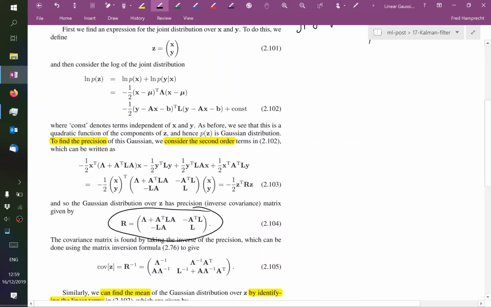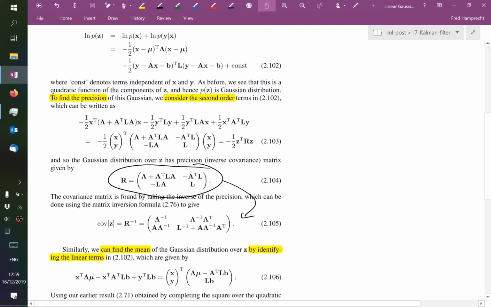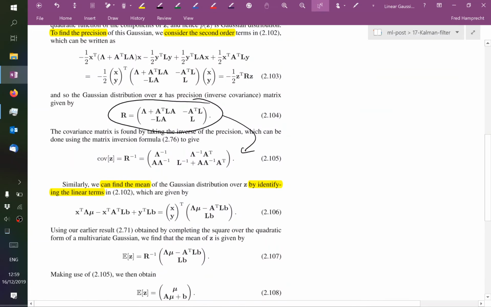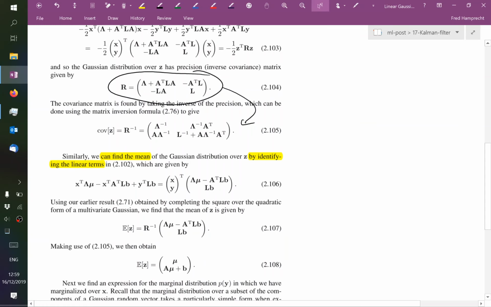But we don't need the precision, we need the covariance. And to go from here to there, you invoke the matrix inversion lemma. A few terms cancel very nicely, and you find this covariance matrix. Then, after looking at the second order terms, you look at the first order terms to get the posterior mean. And the posterior mean is this.